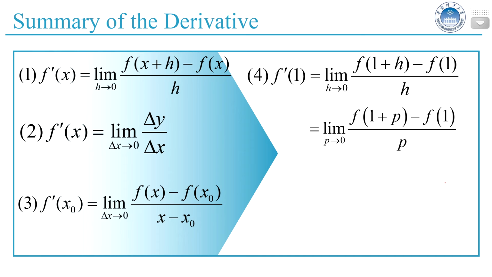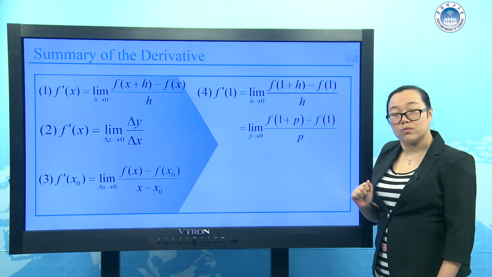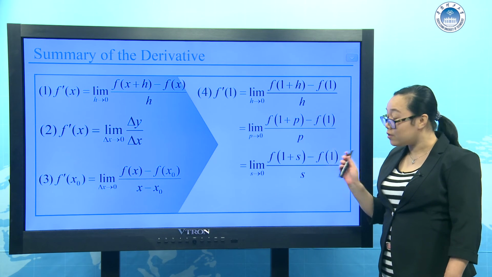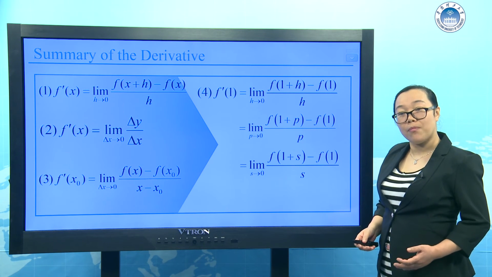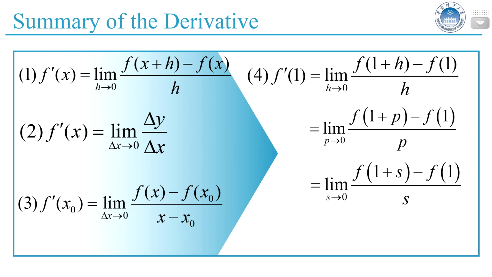Of course, we can write it f(1 plus p) minus f(1) over p, as p tends to 0. Why? They are the same variables. If you like, you can write it in this form, f(1 plus s) minus f(1) over s, as s tends to 0. Anyway, pay attention to this: they are the same variables. Try to understand the full summary.